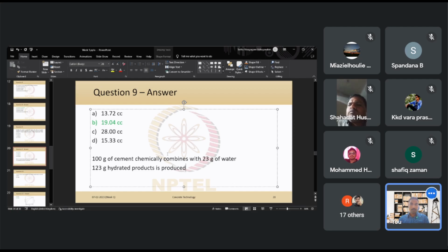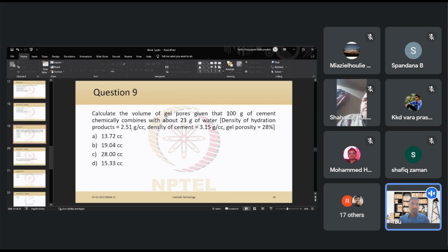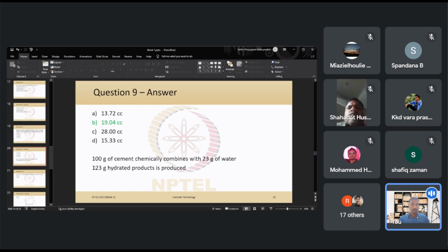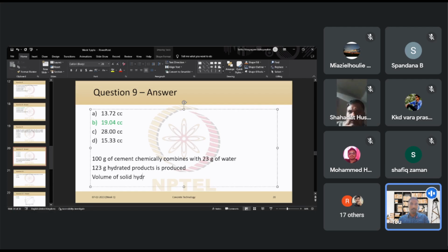And what is the volume of these hydrated products? So we are given the density, right? We are given that the density of this hydration product is 2.51 grams per cc, and we have the mass of the hydrated products, right? So we can get the volume of the solid hydrated products.